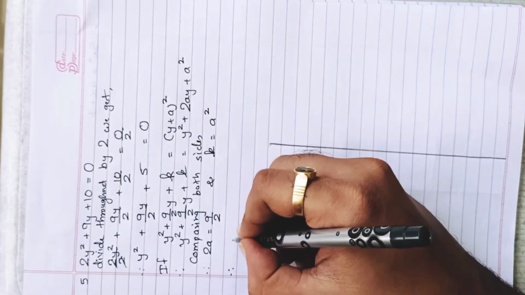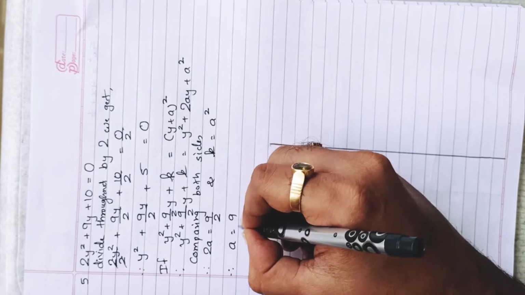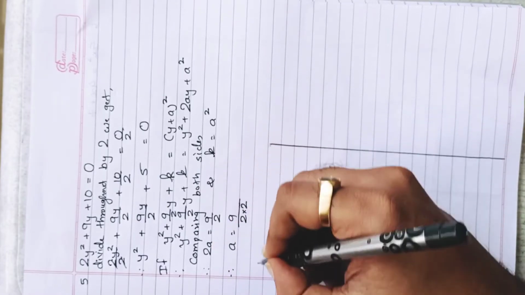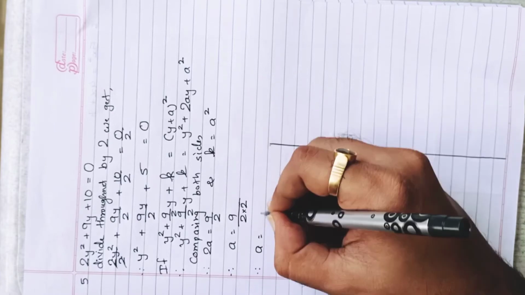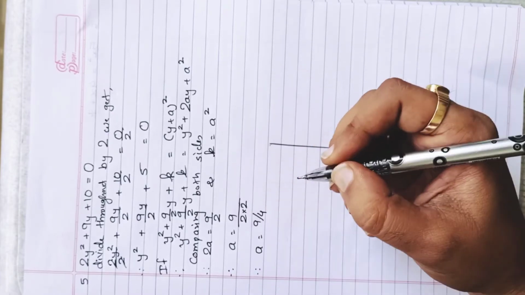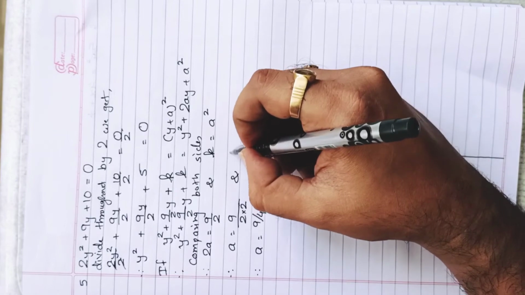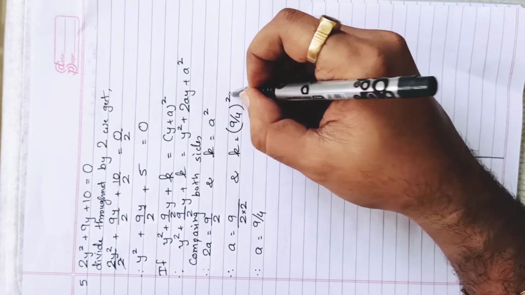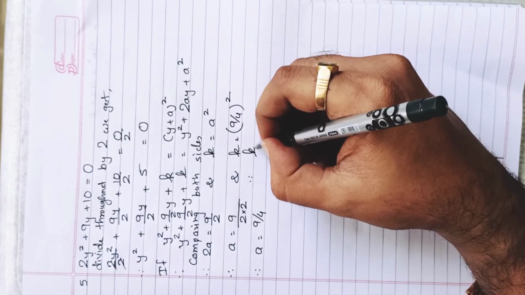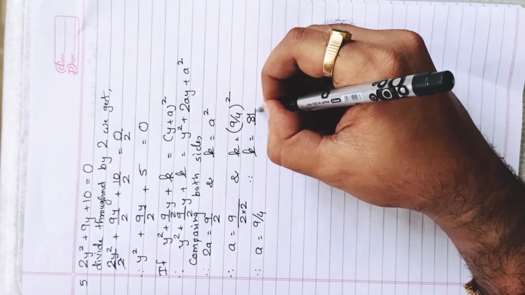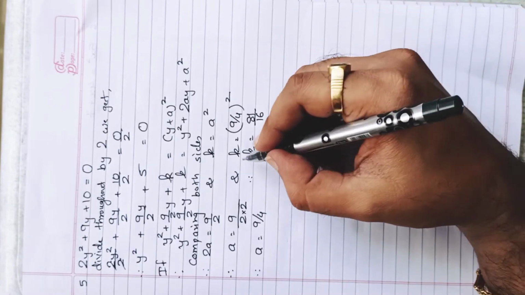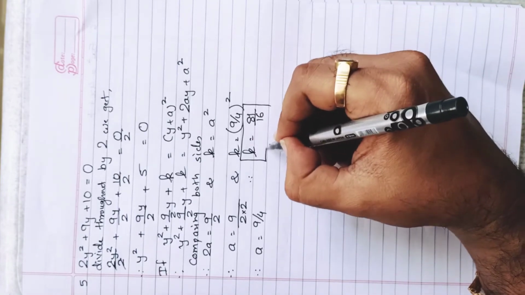That we know. So a equal to 9 by 2, and this 2 will go in denominator into 2. So a equal to 9 by 4 and k equal to 9 by 4 square. Therefore k equal to 81 by 16. And what is important? Value of k is important.